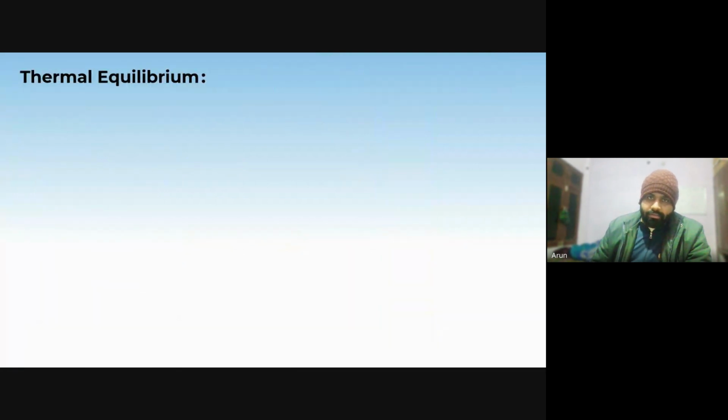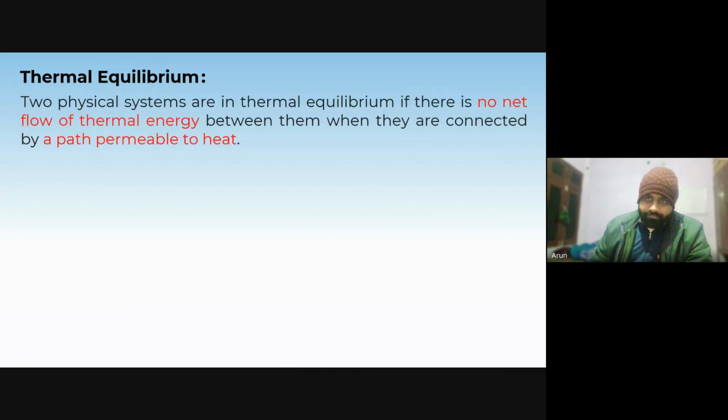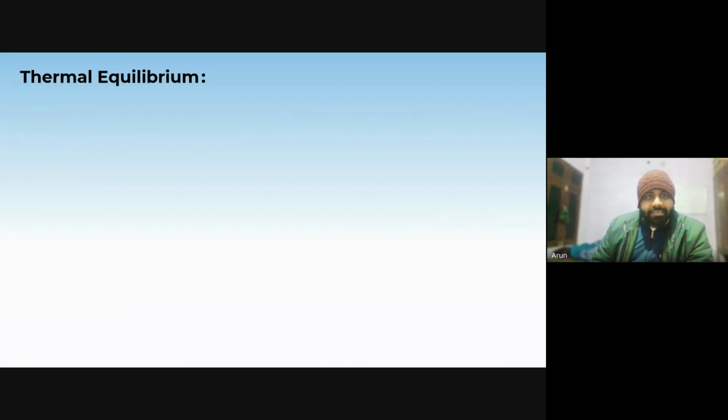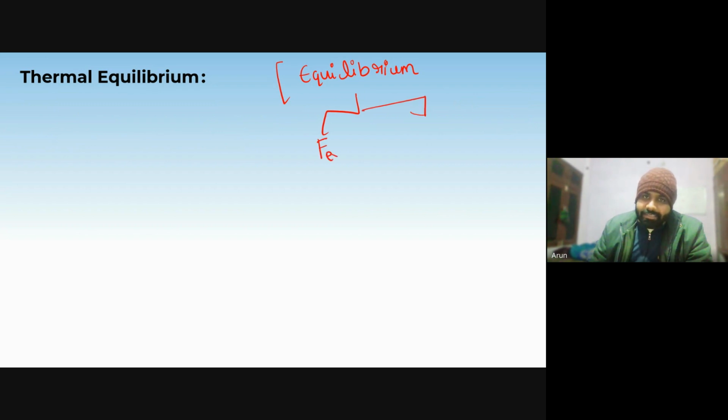Okay, now very important topic, thermal equilibrium. What is thermal equilibrium? Now, what is equilibrium first of all? In mechanics, we did that equilibrium is of two types: when the external force is zero and when the external torque is zero.